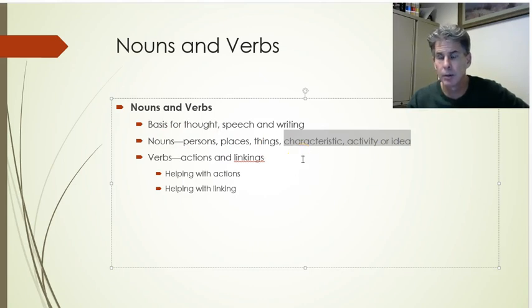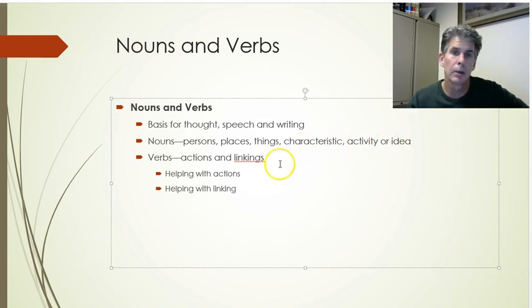In fact, it usually is. Activities such as throwing and cooking can be nouns, and they can operate as subjects or as objects. Ideas such as liberty or injustice are nouns, and again, they can function as either subjects or objects in sentences. Those are more abstract.